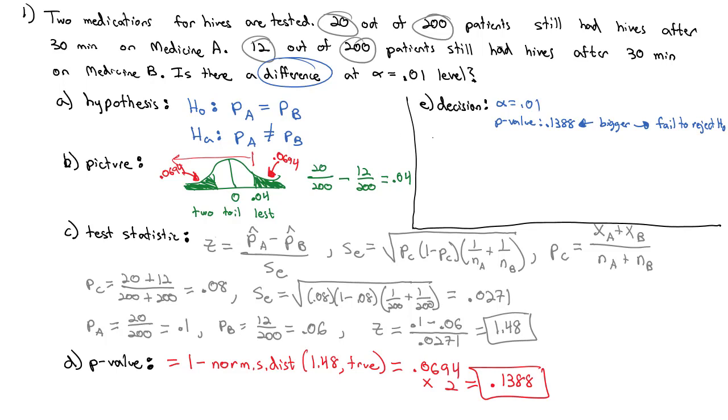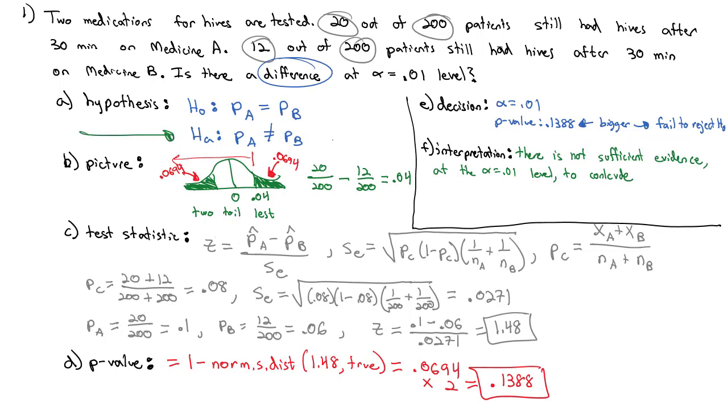So if I failed to reject the null hypothesis, when I get to my interpretation, we were not successful at rejecting. We will say there is not sufficient evidence, comma, at the alpha equals 0.01 level to conclude.